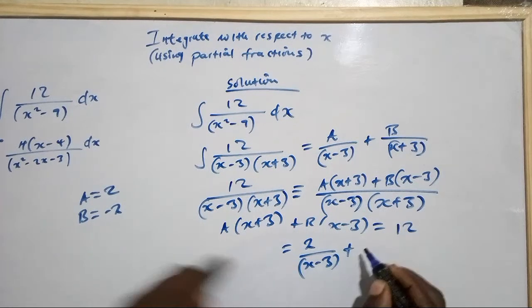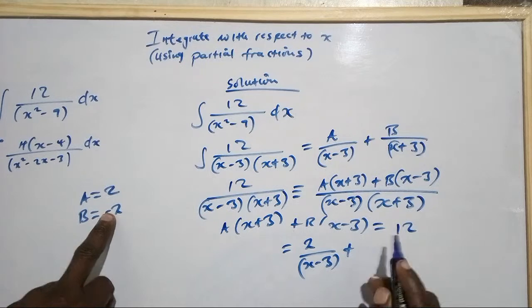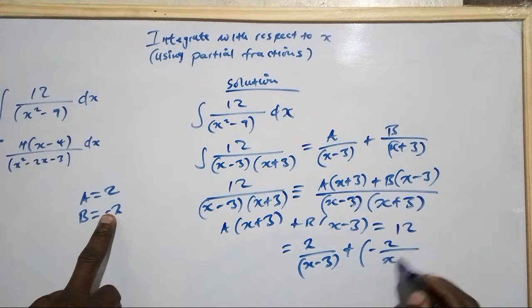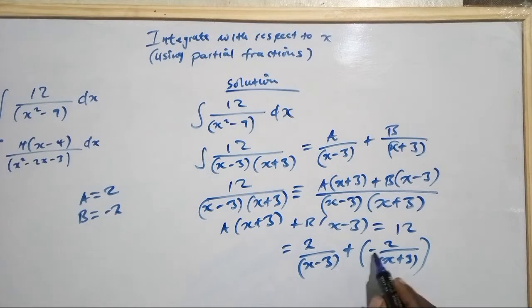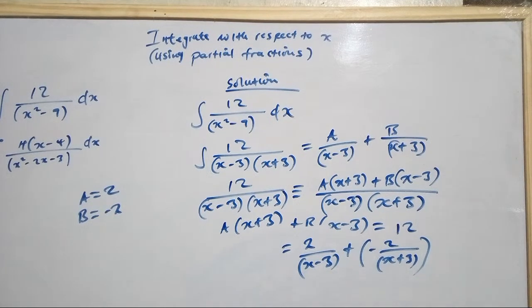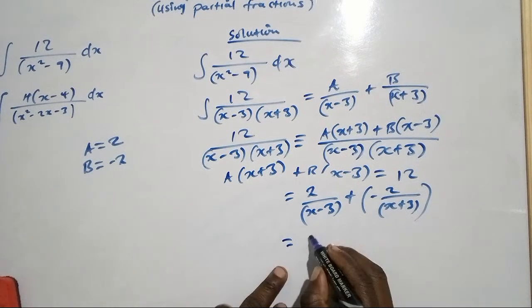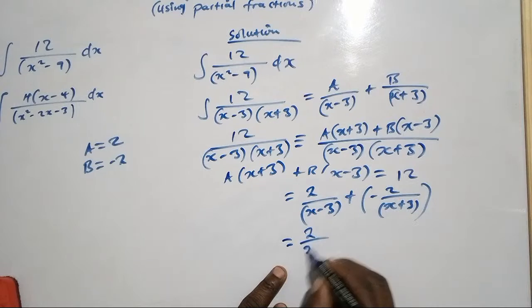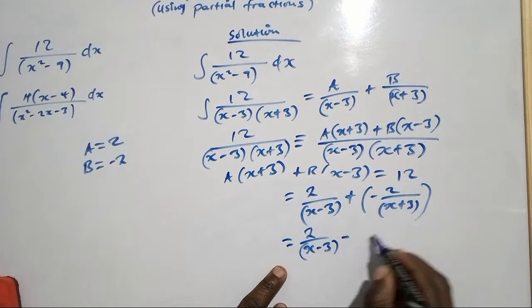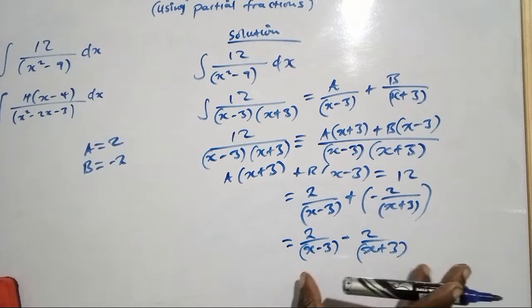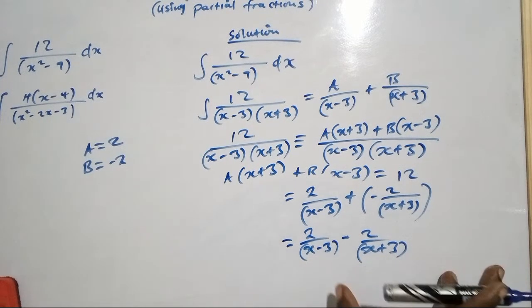And plus, because of this negative here, let's say we have minus 2 over x plus 3, right, in the bracket. Then negative times the positive will be negative, right? So it is going to be 2 over x minus 3, the bracket, then minus 2 over x plus 3, right, in the bracket.